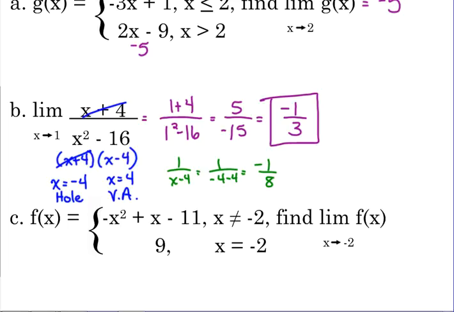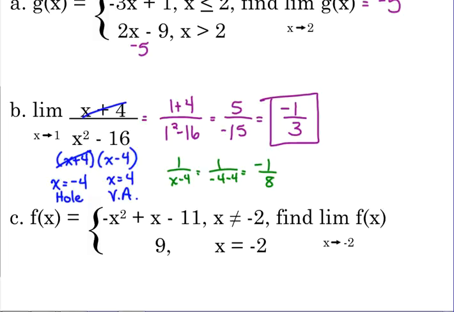This says that we look like negative x squared plus x minus 11 as long as x is not equal to negative 2. That's another way of saying everywhere but at negative 2, we look like that parabola. And at negative 2, we're equal to positive 9.